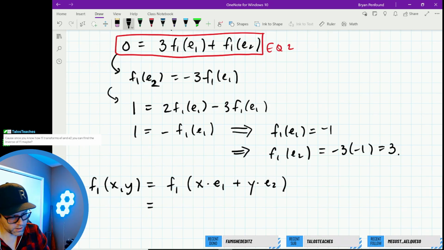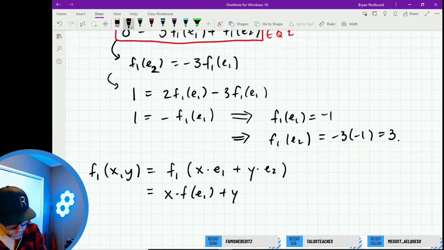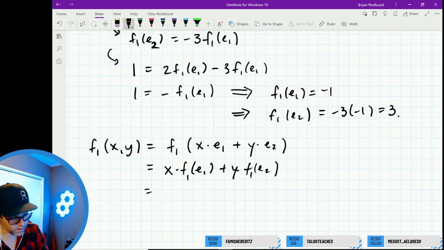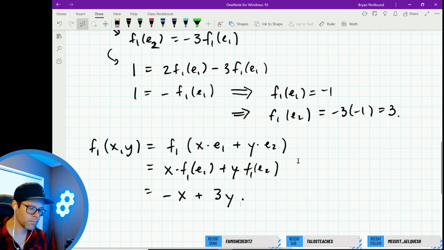X and y are scalars, so we can factor them out of this linear functional. And we know how this linear functional works on the standard basis vectors of R2, so we get negative x plus 3y. Cool. So that's exactly what F1 looks like.